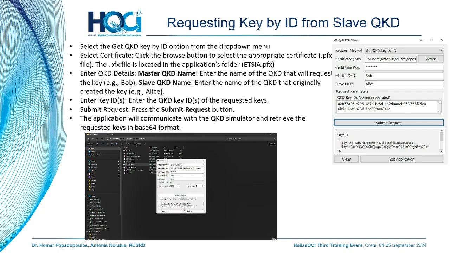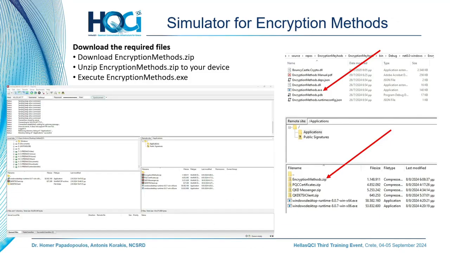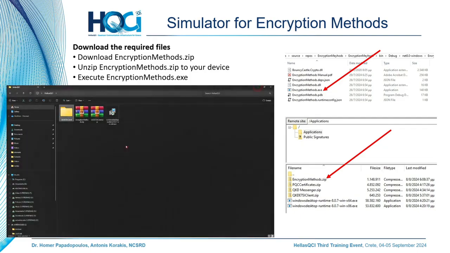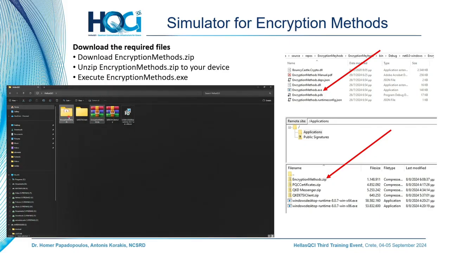And why do we do that? We do that because we want to encrypt things. We get the keys to encrypt things. That's why we get the keys. Okay. To encrypt, we created another application. You run this exe, and you will see the application.